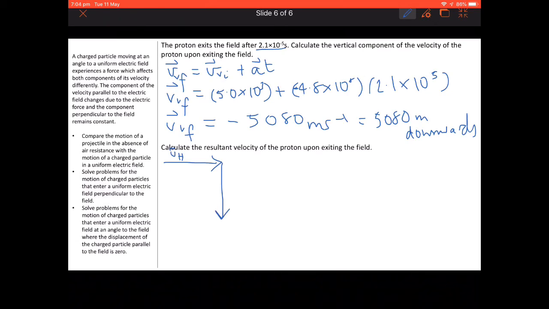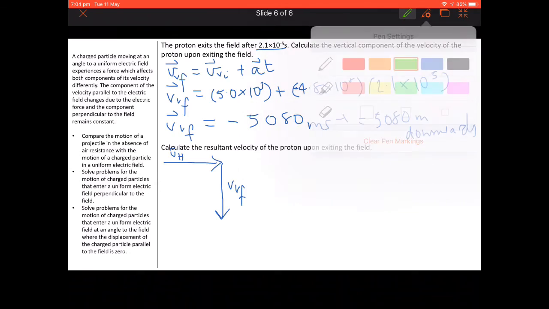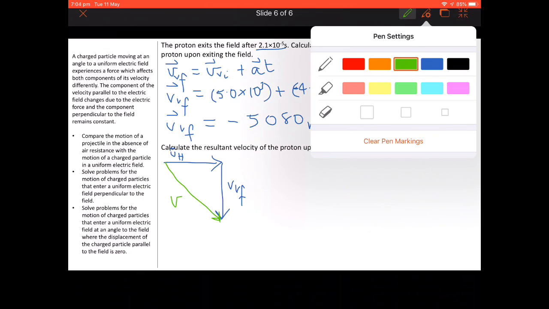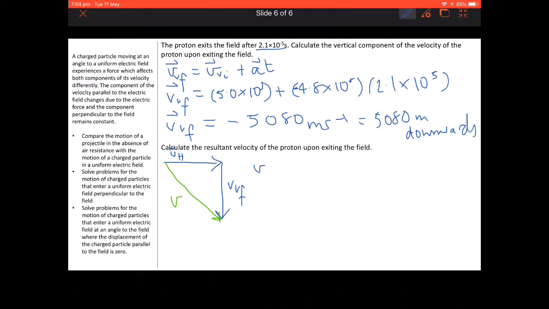Our final vertical velocity is what we've just found, and that's 5,080 meters per second. So our overall velocity is going to be this here, which is the hypotenuse.